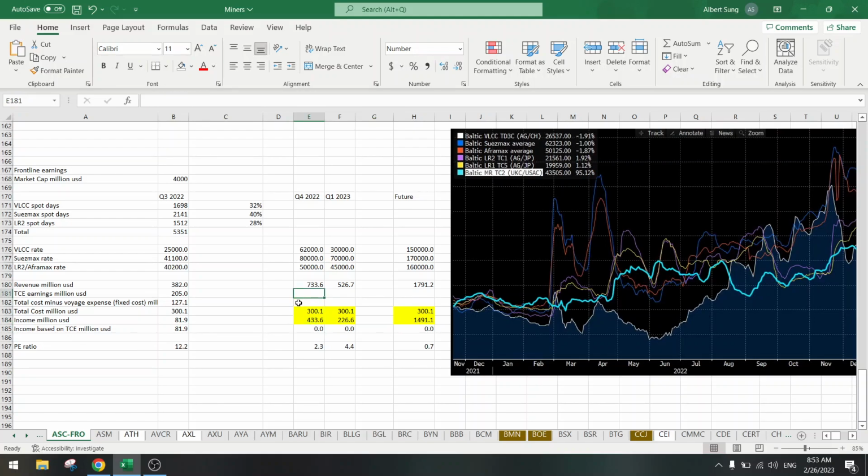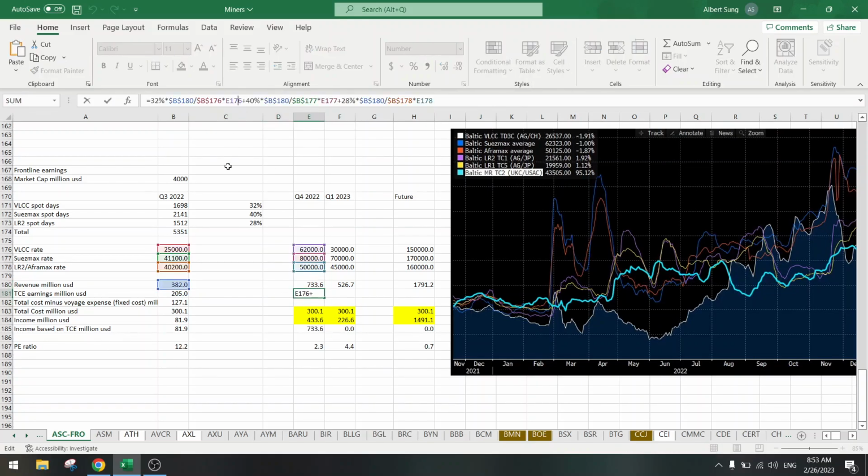So what is the TCE? TCE is, you can just use this formula. And then let's update it. So instead of using this revenue, we use this here. Okay. So now we use 32%. Still this spot days, that's correct. And then the VLCC TCE rates, which will go up, okay?